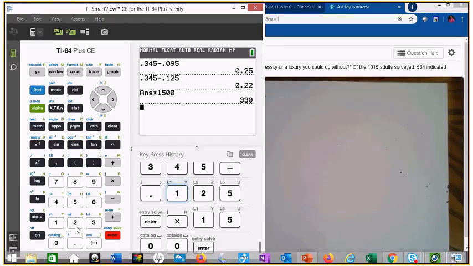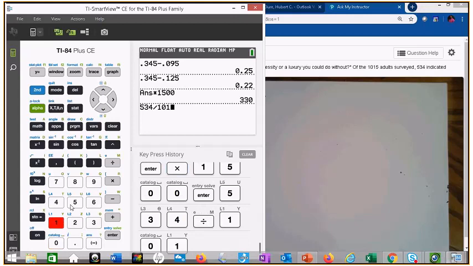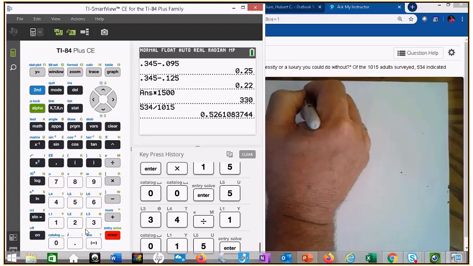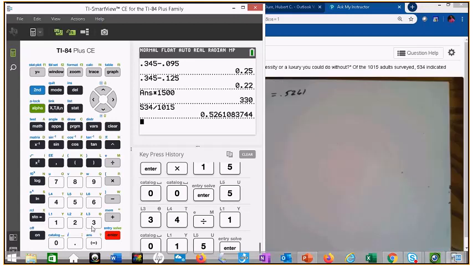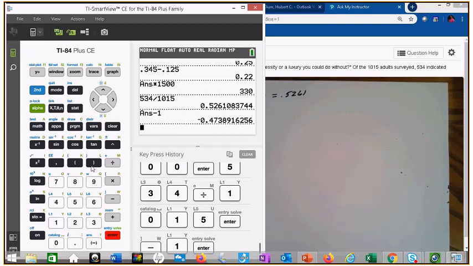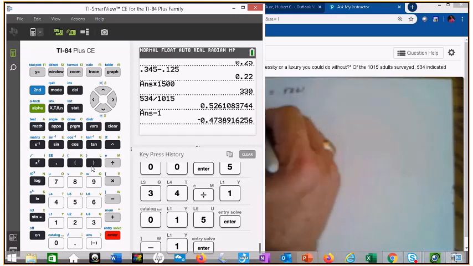So 534 divided by 1015 is 0.5261. So therefore q hat, which is 1 minus p hat, is 0.4739.